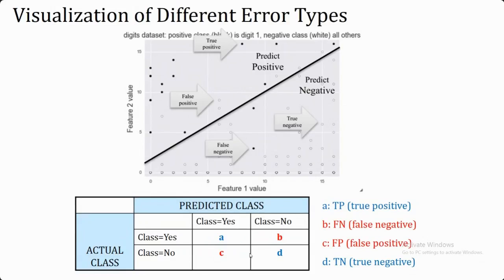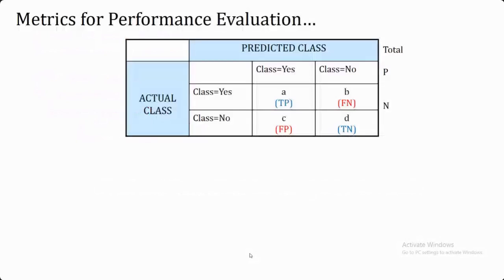In today's class we are going to use this confusion matrix for quantification. The first measure we are going to cover is the accuracy measure. Most of the time we talk about the accuracy of your model. Accuracy is based on how many correct predictions there are out of the total predictions.